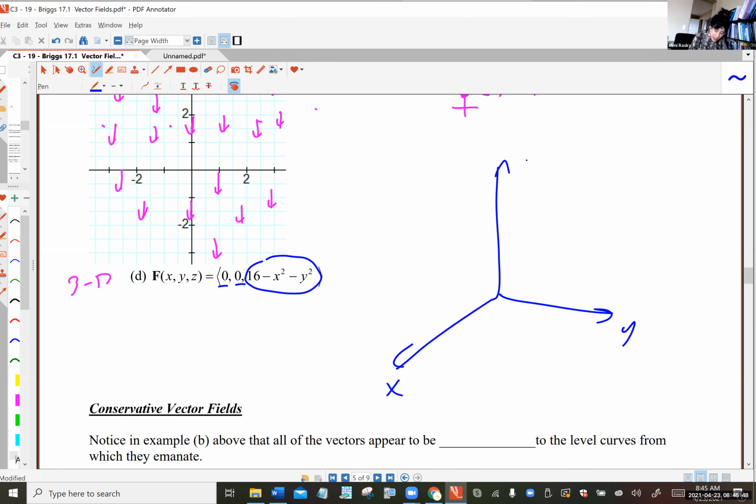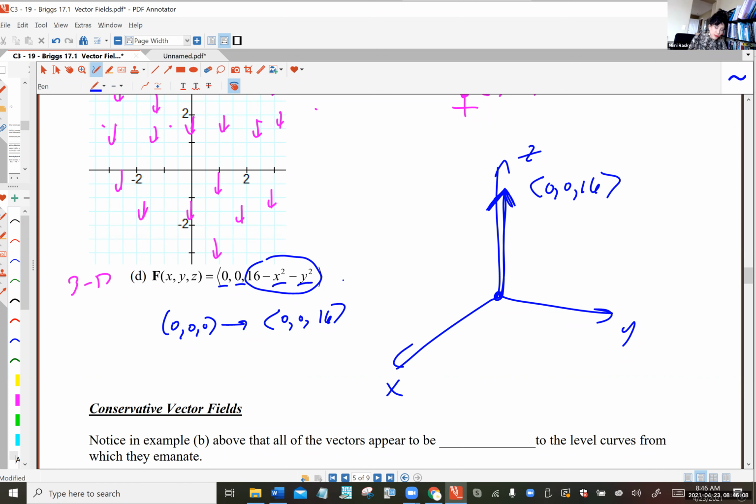So what does that mean? Well, if you plugged in, say, x and y that are 0, let's just say the point is (0, 0, 0). The corresponding vector would be (0, 0, 16). So here you've got this pointing straight up vector (0, 0, 16).